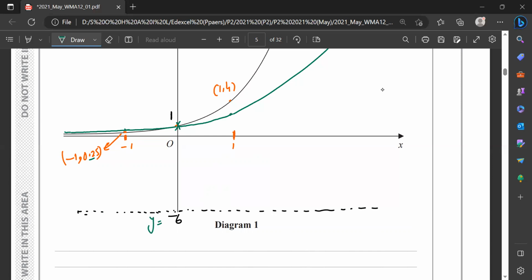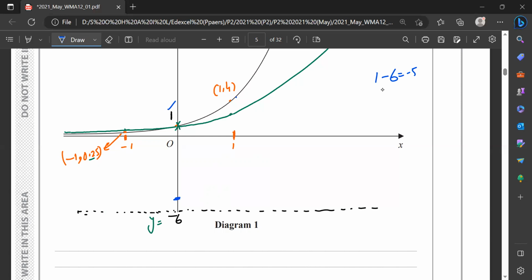Then, using a different color, the whole graph will be 6 units down. This point, this value is 1, so 1 minus 6 would be minus 5. So this value is minus 5 because it is 5 units below.